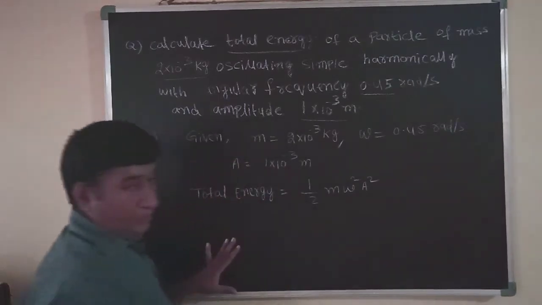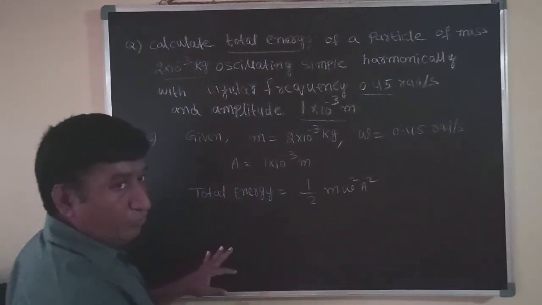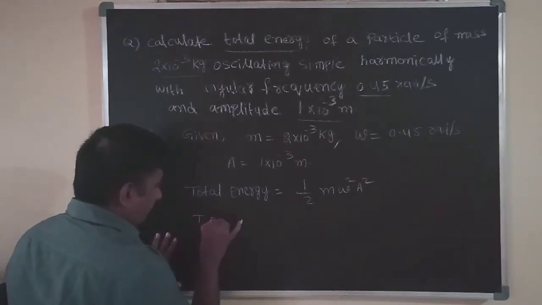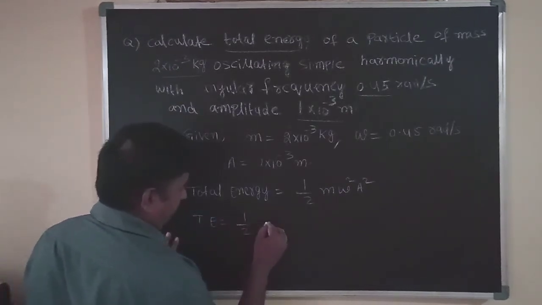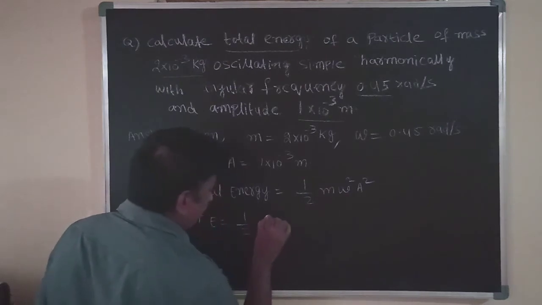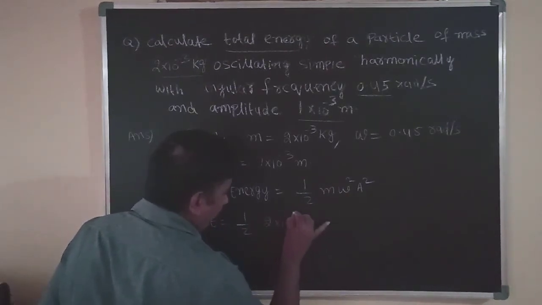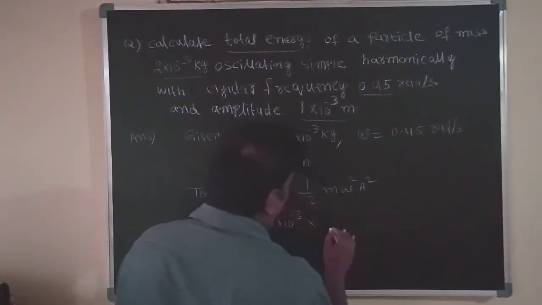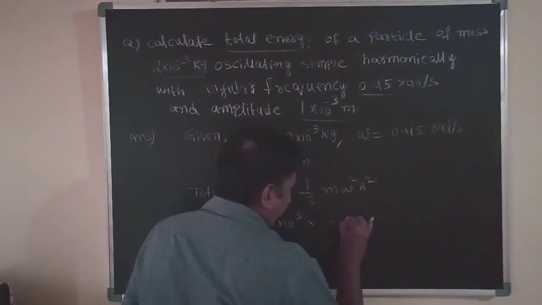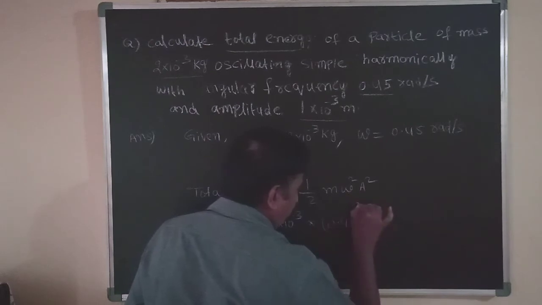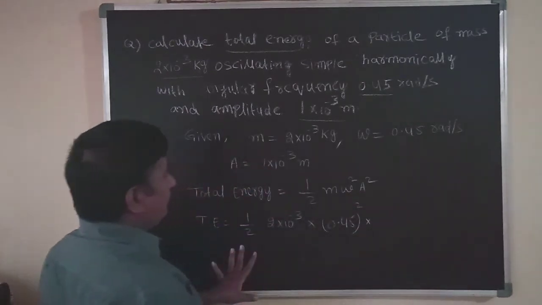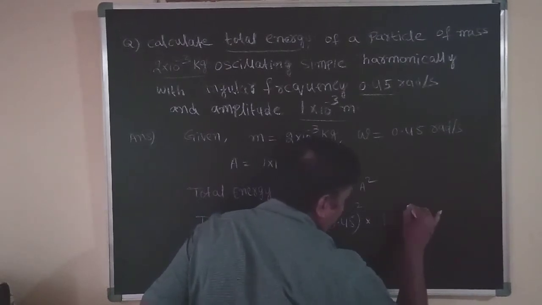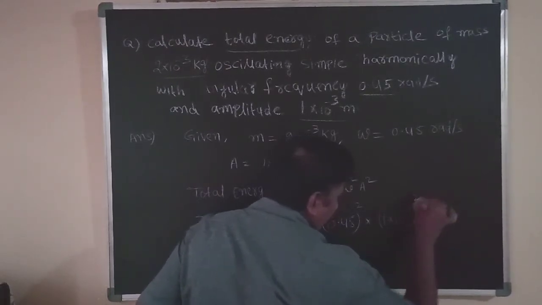We know the m value, we know omega, we know A. So by substituting, total energy equals half into the mass, 2 into 10 to the power of minus 3, into omega 0.45 whole square, into the amplitude, 1 into 10 to the power of minus 3, whole square.